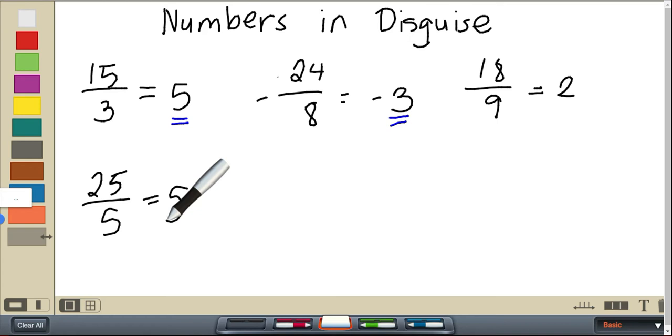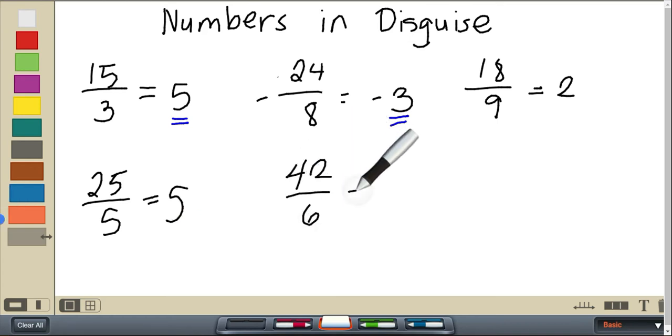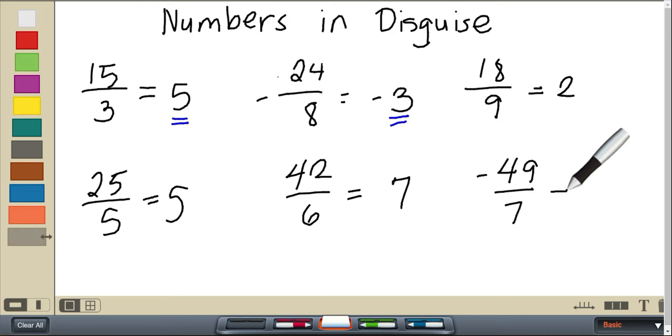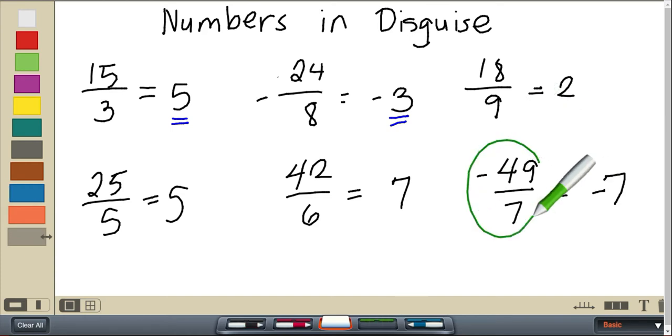We have here 42 over 6, another counting or natural number, which is 7. And negative 49 over 7, which is equal to what? Negative 7. This number is not really a natural number, but indeed an integer.